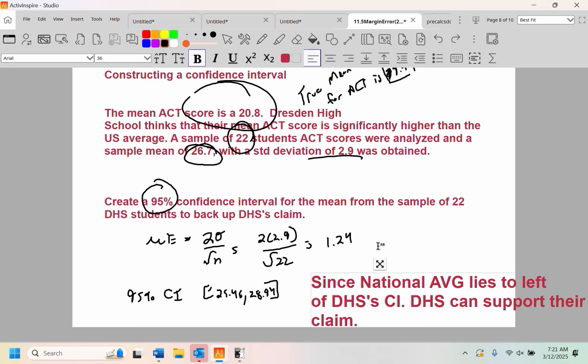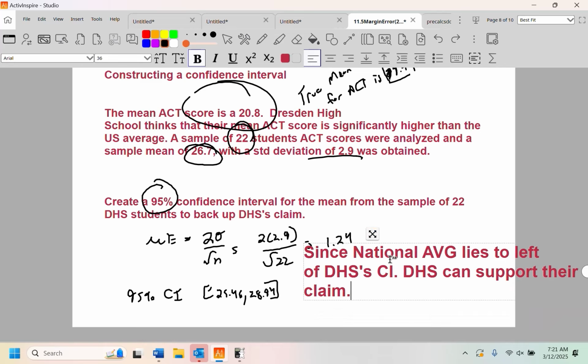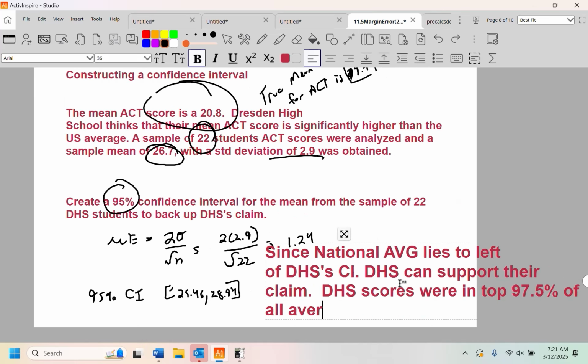Because what this means is, since the national average lies left of the Dresden High School's confidence interval, the DHS scores were in the top 97.5% of all averages, all samples. So very, very strong claim. And it shouldn't happen. It should be incredibly unusual because the national average here would be an unusual score at Dresden High School. So there you go.